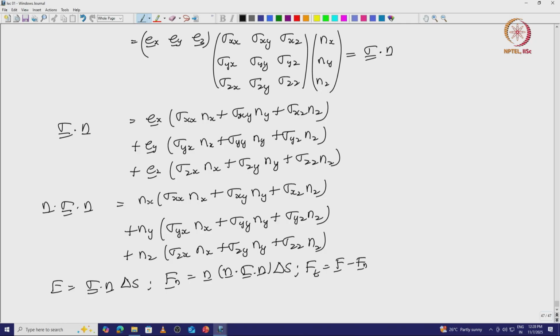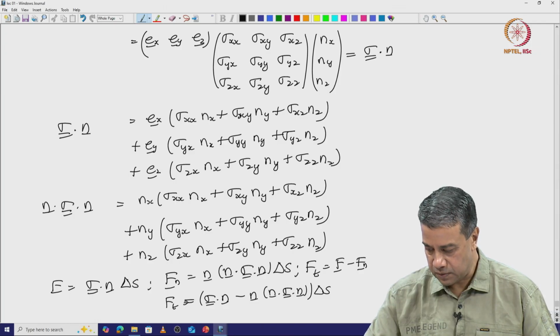Therefore, the tangential force is equal to sigma dotted with n minus n vector into n dot sigma dot n, whole thing into delta S. So that is how you get the components of the force parallel and perpendicular to the surface.